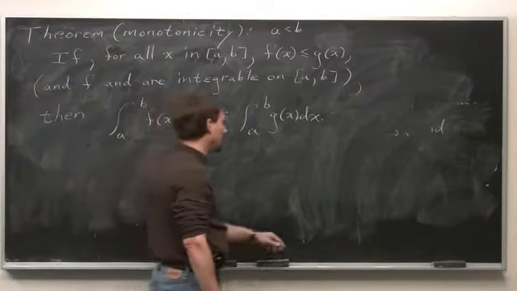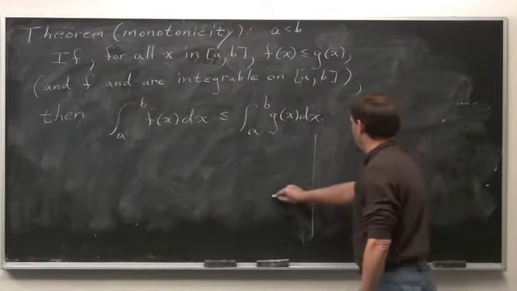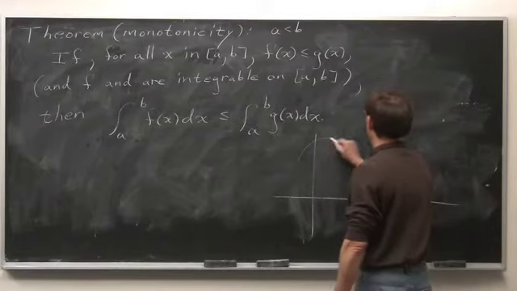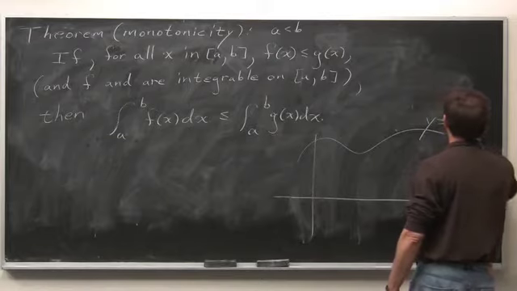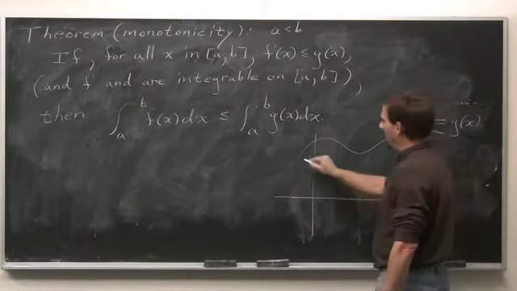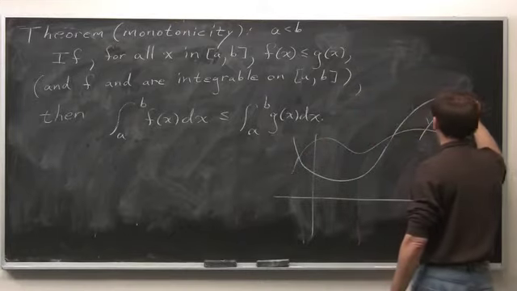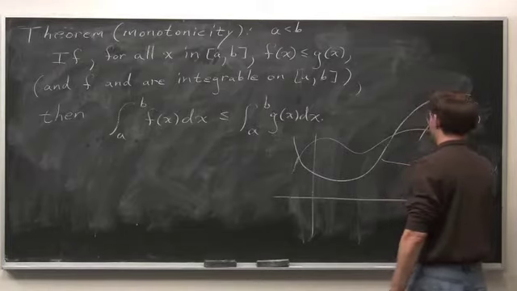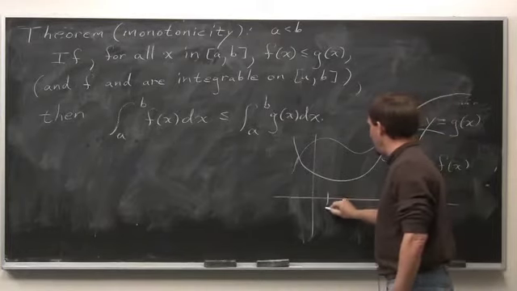In terms of area, this is blatantly obvious too. You've got some function. Here's y equals g of x. And maybe f is bigger than g over here somewhere. But, so here's y equals f of x. But maybe a and b are here.